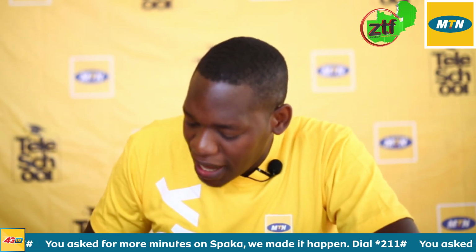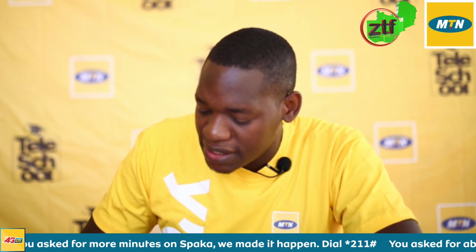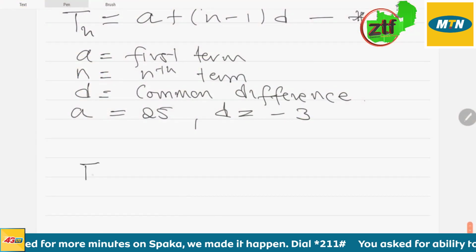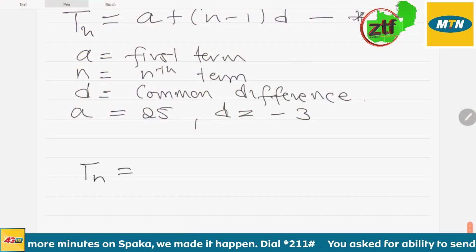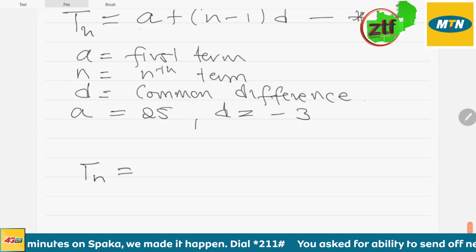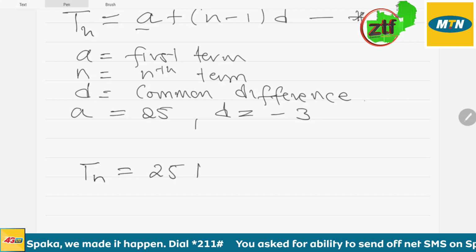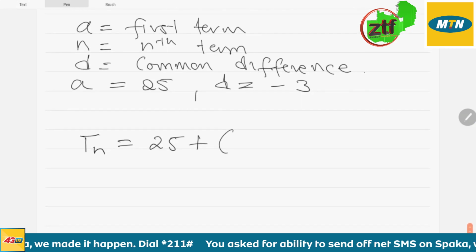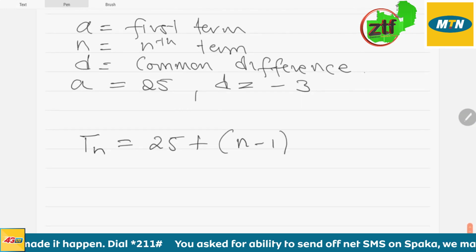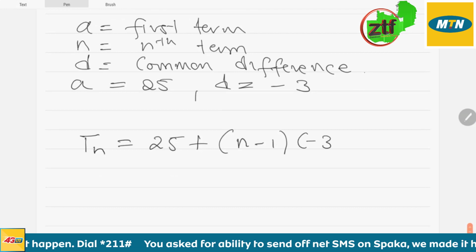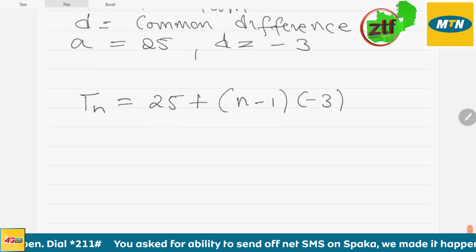So when we look at equation number 1, which is star 1, we have Tn equals, where there is a, I will substitute 25, so we have 25 plus n minus 1, and our common difference is negative 3.